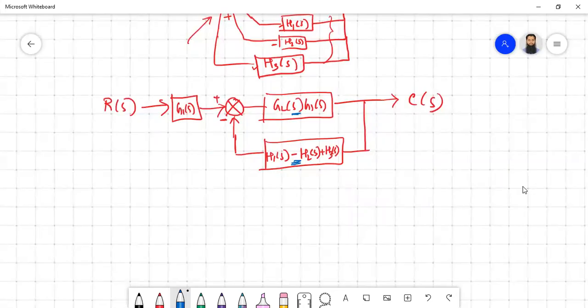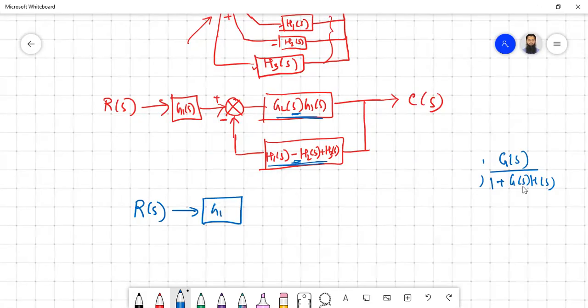What we know for negative feedback is forward path gain divided by 1 plus forward path gain into feedback gain. This is the formula that you know, and the same formula you have to apply however big the quantity is. So what we can get is RS, keeping G1S as it is for now.